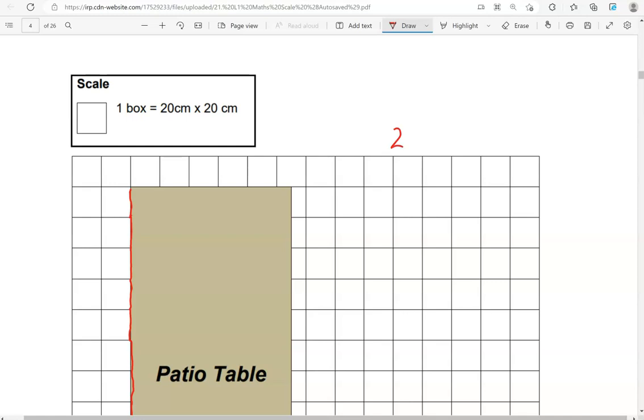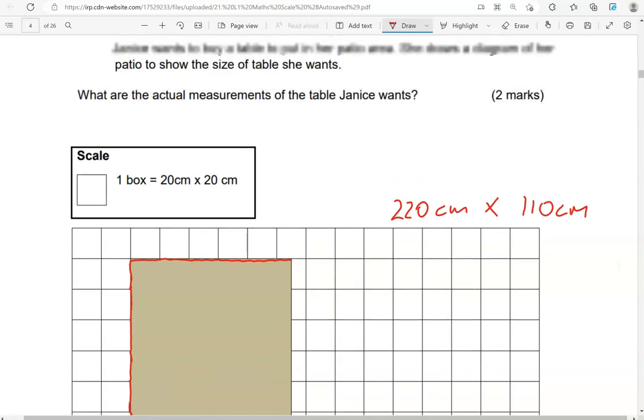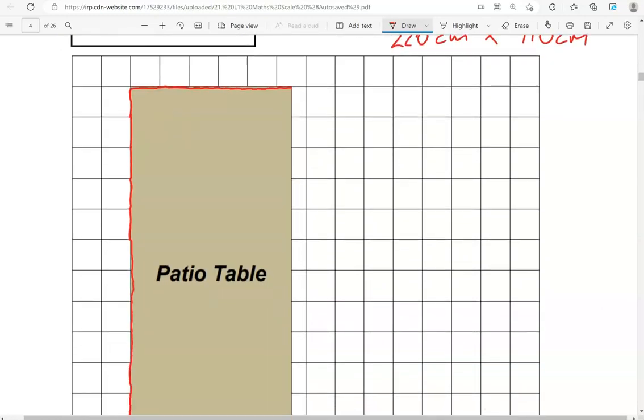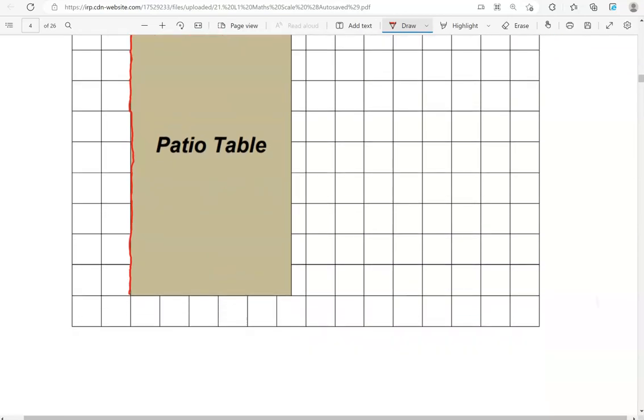So that's 220 centimeters by 20, 40, 60, 80, 100 and 10. So that's half the box, half the length. So 220 centimeters by 110 centimeters.